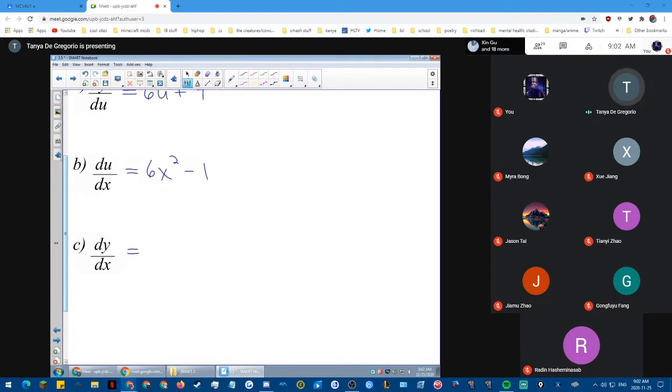So dy du multiplied by du dx will equal dy dx. And so now I'm going to multiply these two functions together. And so I have 6u plus 7 multiplied by 6x squared minus 1.